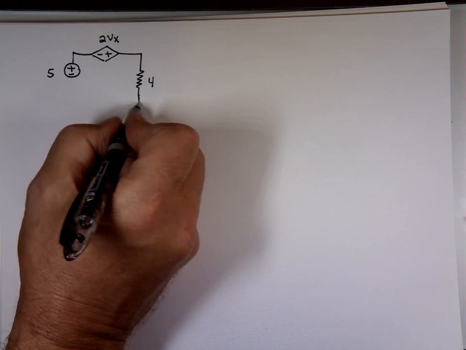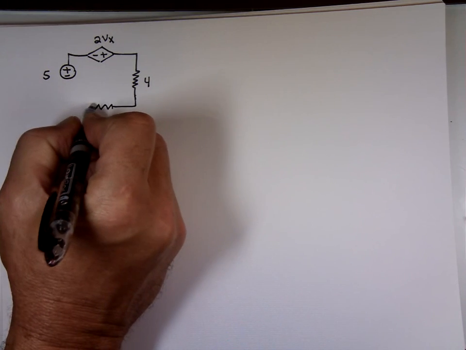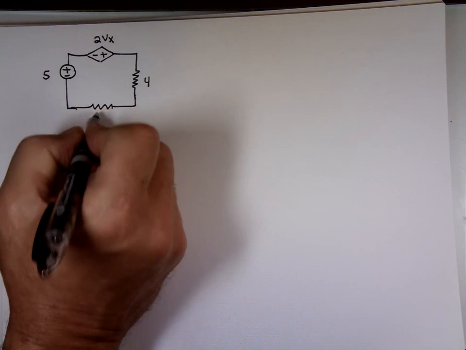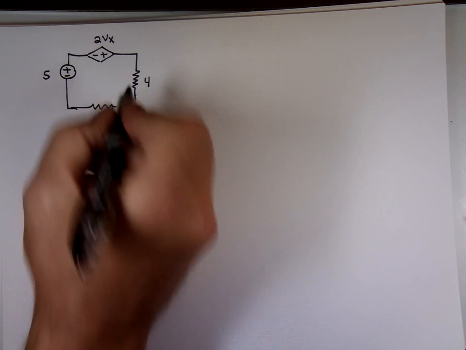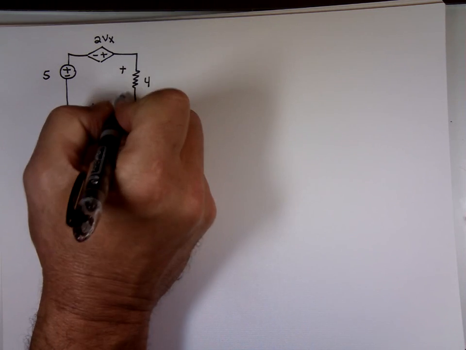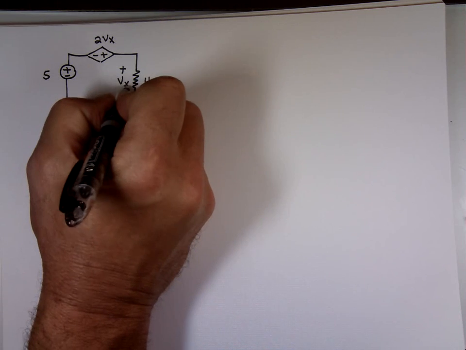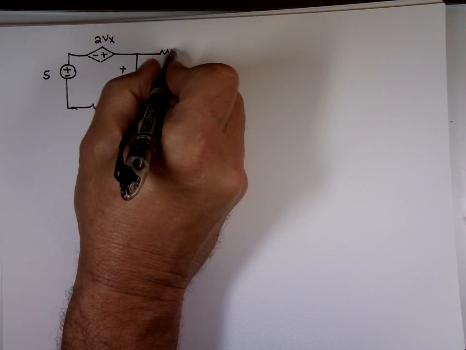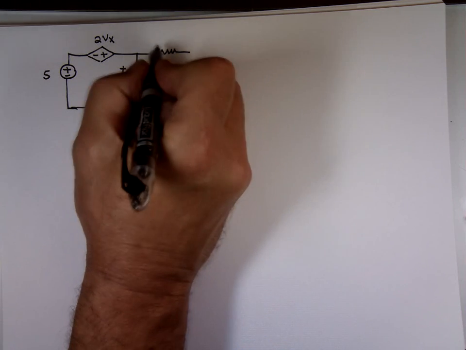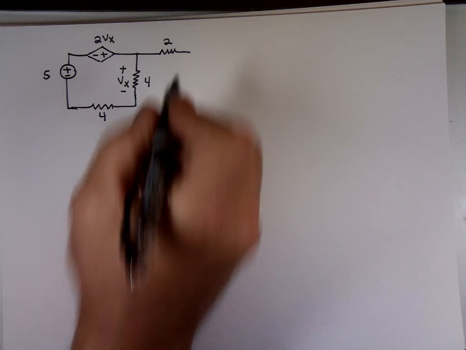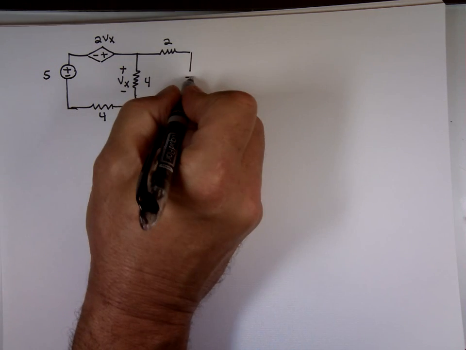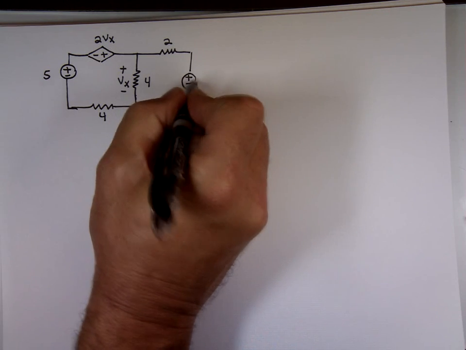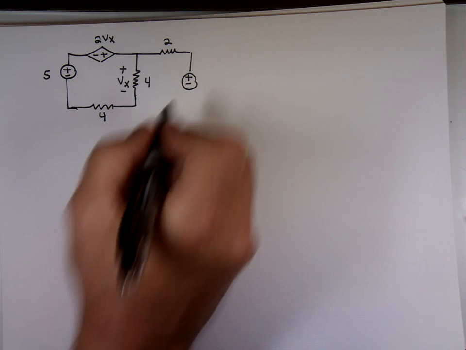We have another 4 ohm on the bottom. And let's call this voltage Vx. We have 2 ohm. Another voltage source of 3 volts.